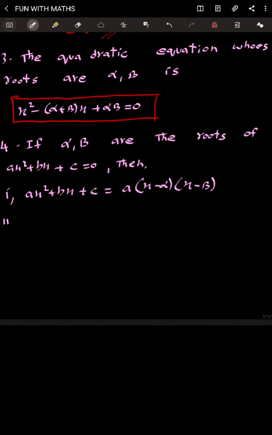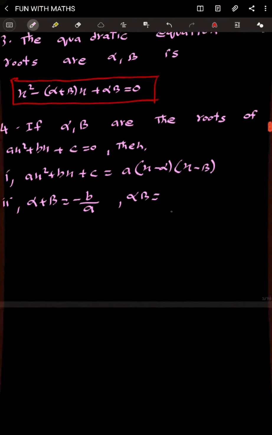And in the second case we can also write alpha plus beta equal to coefficient of x by coefficient of x square, that is minus b by a. So alpha beta is equal to constant by coefficient of x square, that is c by a.